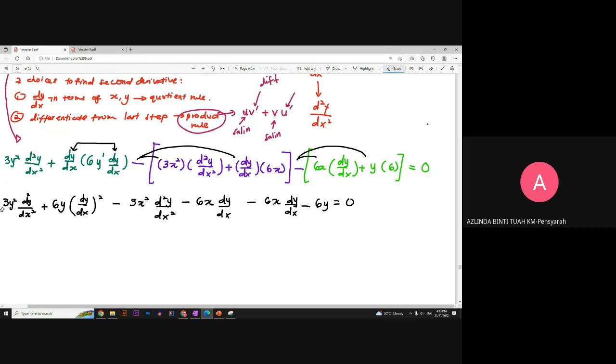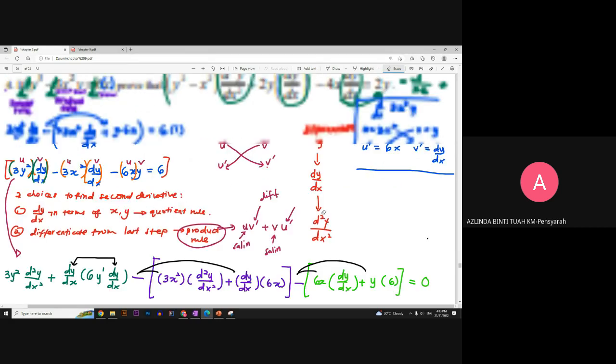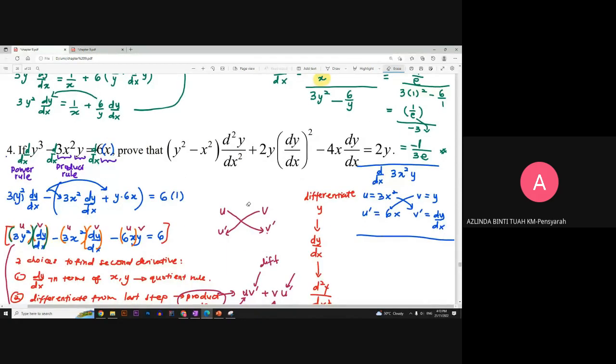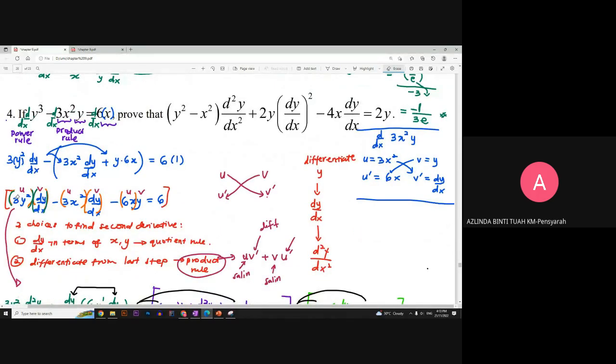So we just need to rearrange the equation until we get exactly like this. So I don't have to start from the left hand side and we substitute yang second derivative sampai dapat yang 2y ni. Okay. Kalau yang first choice tadi, cari dy dx, rearrange, gunakan quotient rule untuk dapatkan second derivative. Yes, you start from left, masukkan second derivative, masukkan yang ini, simplify, barulah dapat 2y.